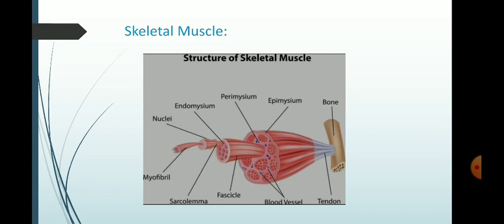Many myofibrils are included in the endomysium. The endomysium is responsible for the formation of the perimysium, and the combination of the perimysium is useful for the formation of the epimysium. Among them, blood vessels and nerve fibers are present, and their outer covering is the sarcolemma.